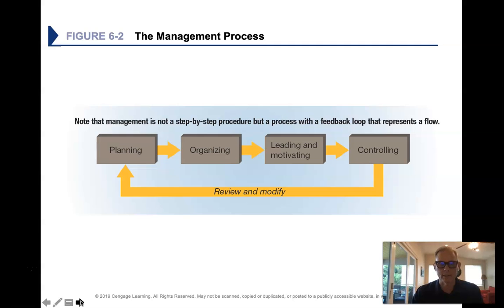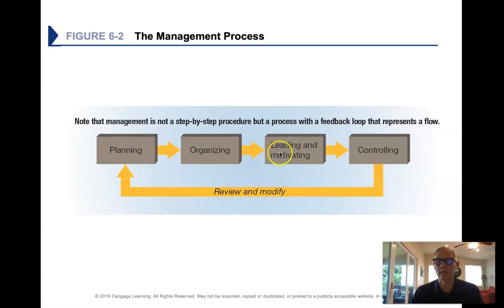The management process, this is important. So first, this is a step-by-step process, as well as a recurring loop. Most of the things you'll find in business are a recurring loop. So how it starts is we plan, we then organize.